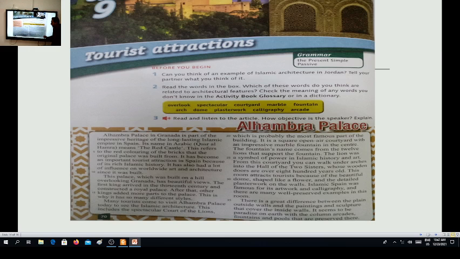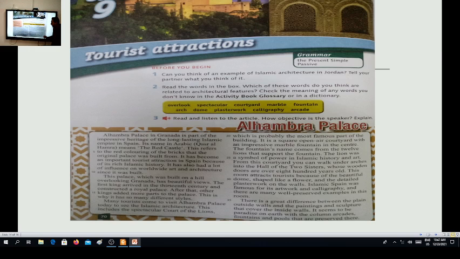Its name in Arabic is Qasr al-Hamra, which means the red castle. This is the red castle that exists in Granada. Where is Granada?